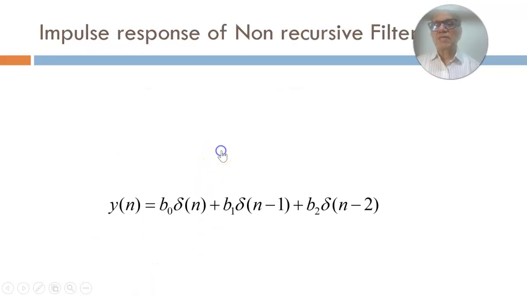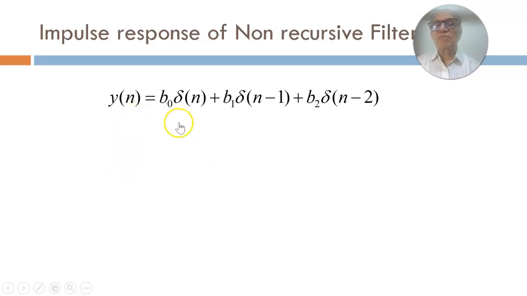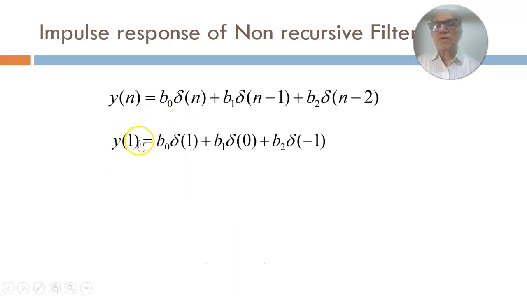Alright. So that was the calculation we did for n equal to 0. Let us now do it for n equal to 1. So y[1] will be b0 delta[1], plus b1 delta[0], plus b2 delta[-1]. Again remember that delta[0] is 1, delta[1] is 0, and delta[-1] is also 0.